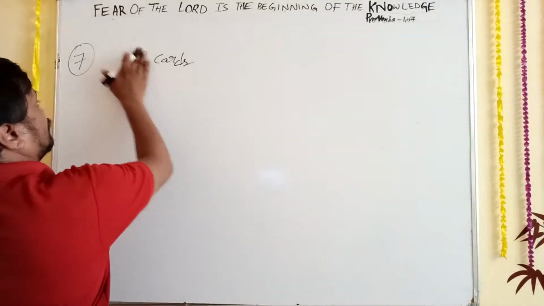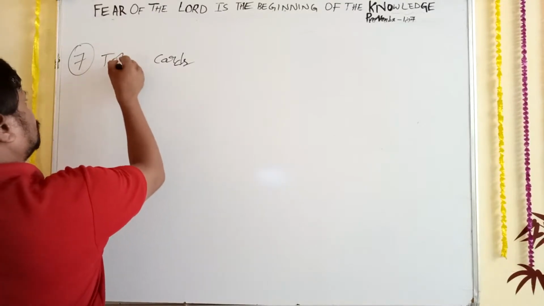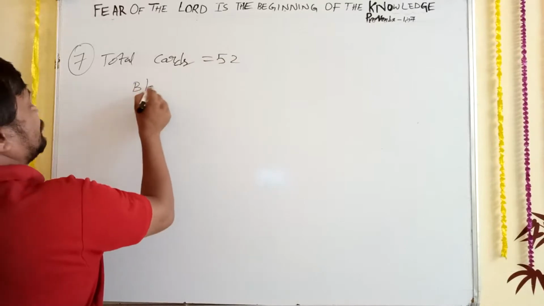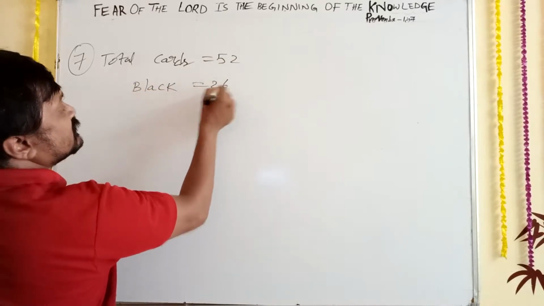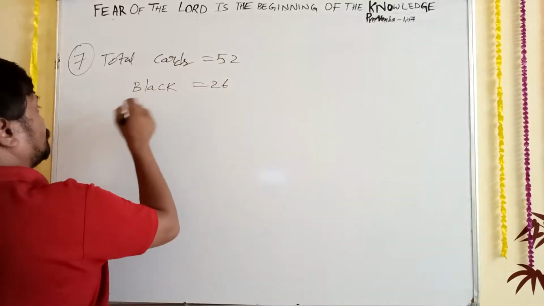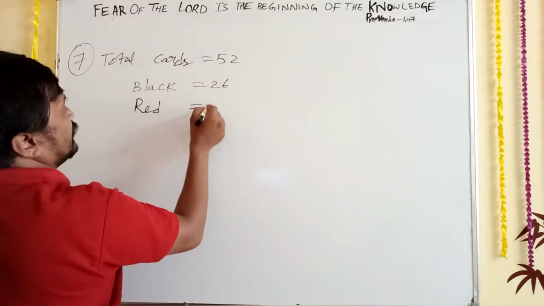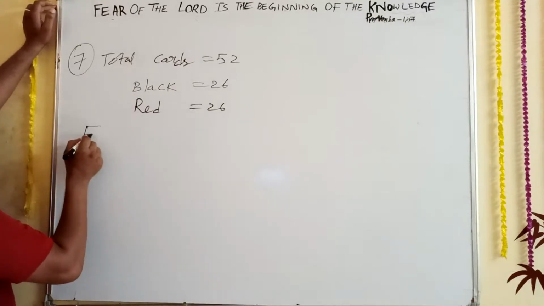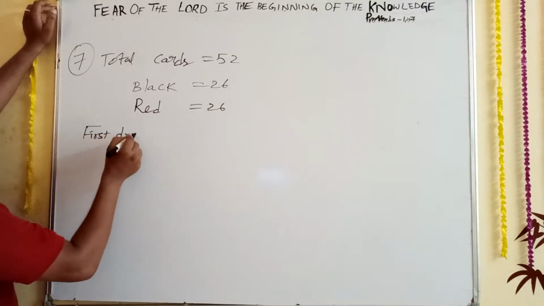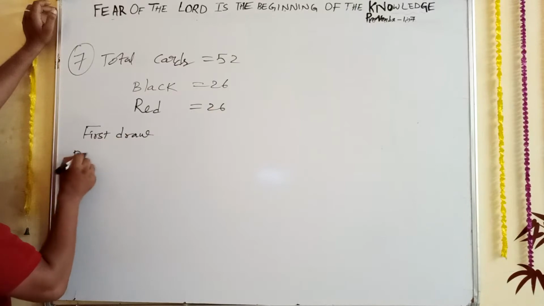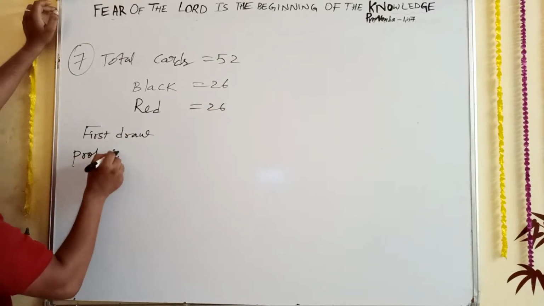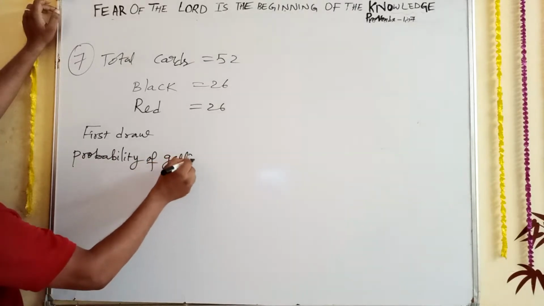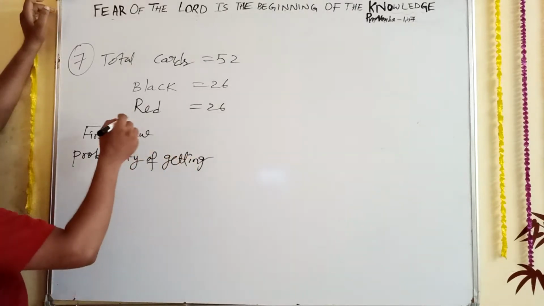So now total cards first. Total cards you already know, 52. Black is 26, and red also 26. So now, in the first draw, probability of getting, here what would be given?